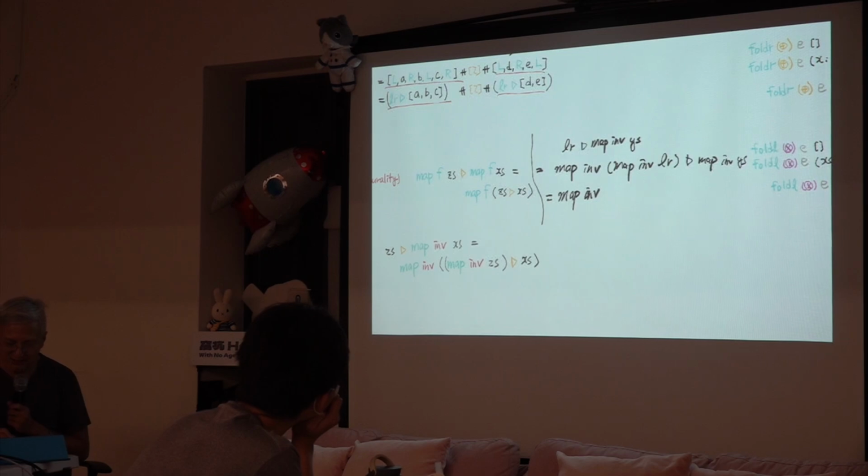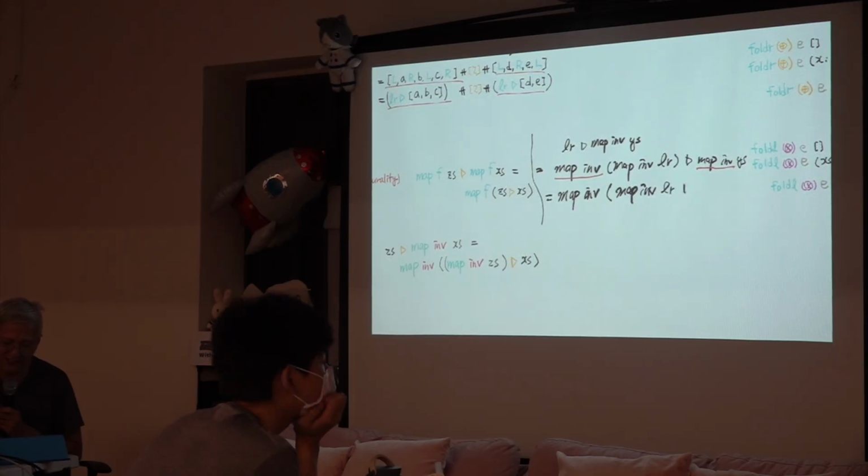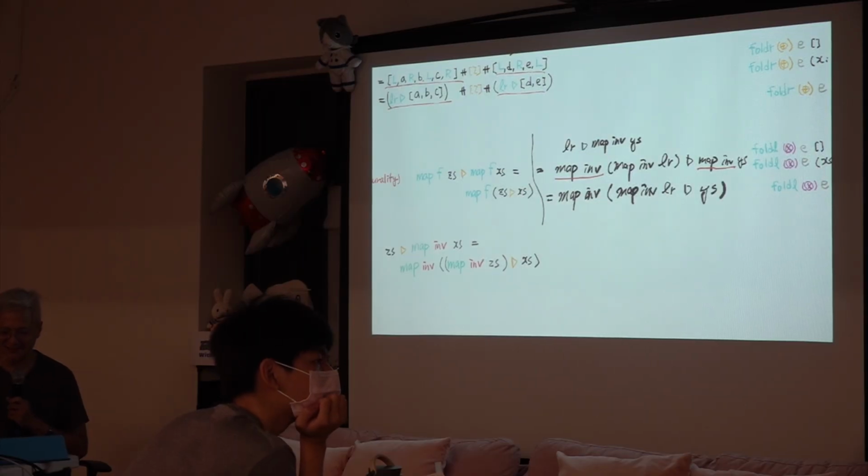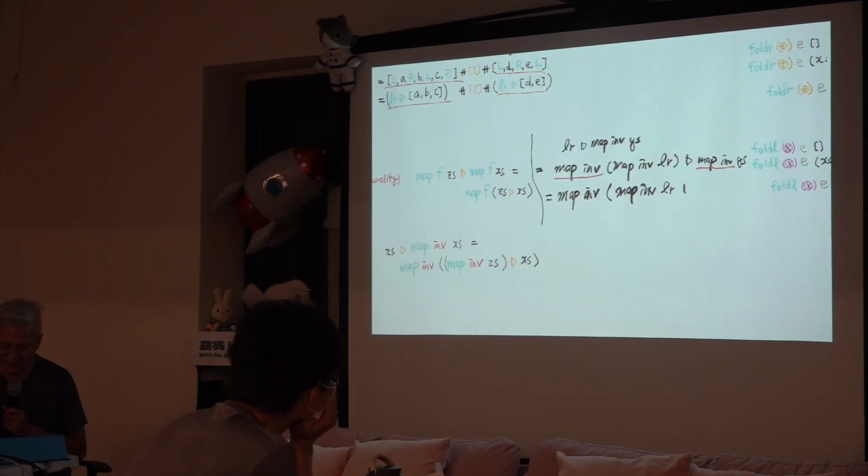I am undistributing this to map inv on the outside. Yeah, that's right. And in the inside, I have map inv of LR interleave once. Okay. This is triangle once. Right.